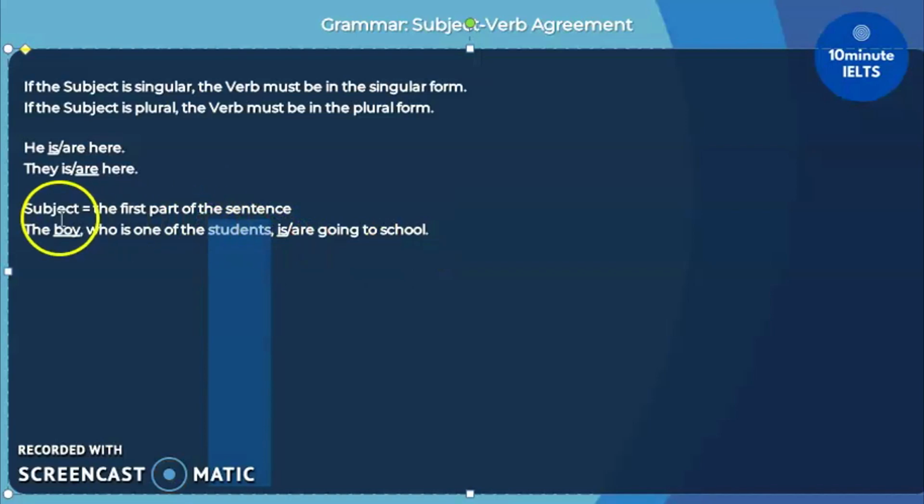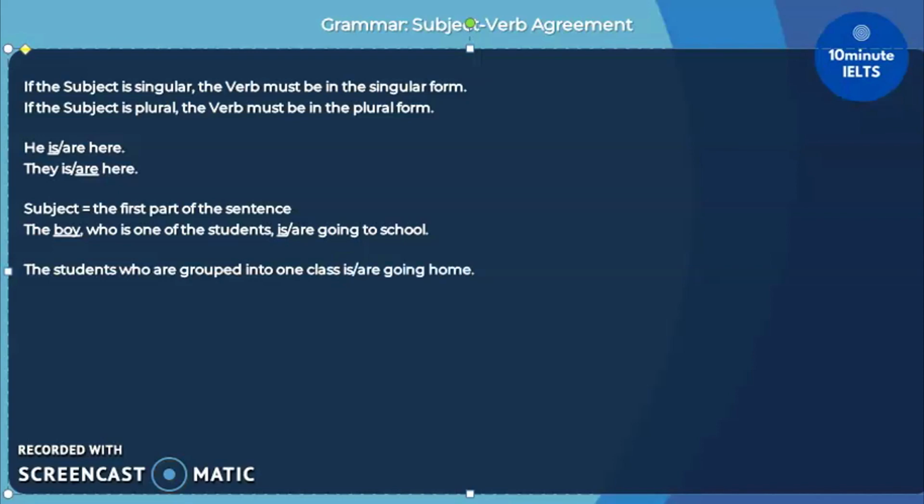Remember that the subject comes at the first part of a sentence, even if the subject seems like this. The students who are grouped into one class are going home. Let's look at that sentence again.